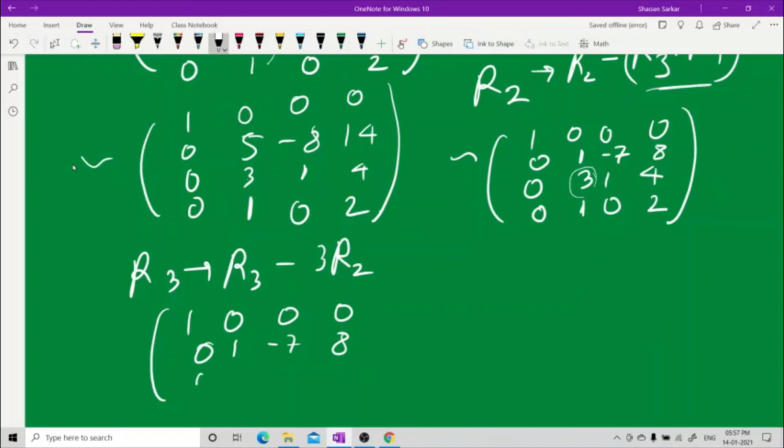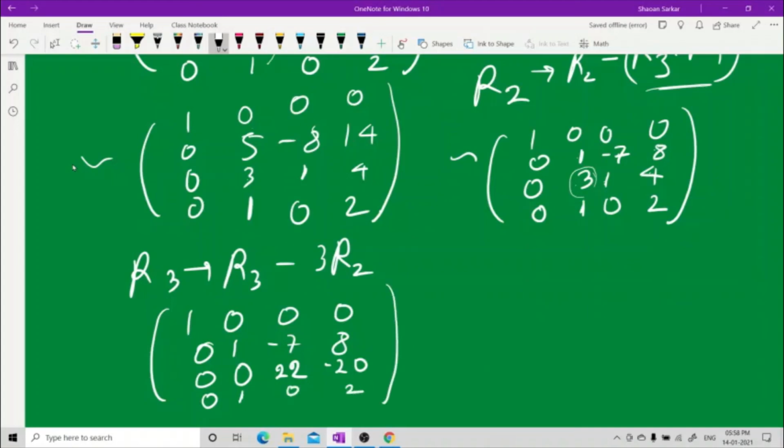Now this is 0, 3 minus 3 is 0, and 1 plus 21, that is 22, and 4 minus 24, that is minus 20. And this is coming out to be 0, 1, 0, 2.